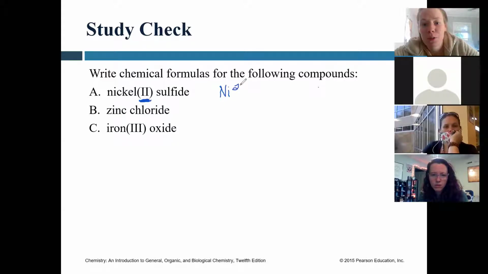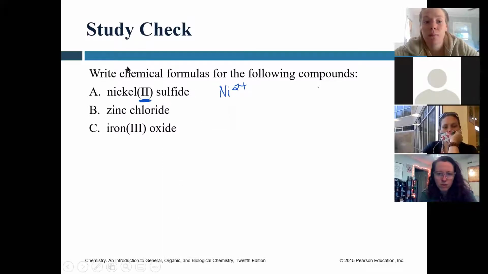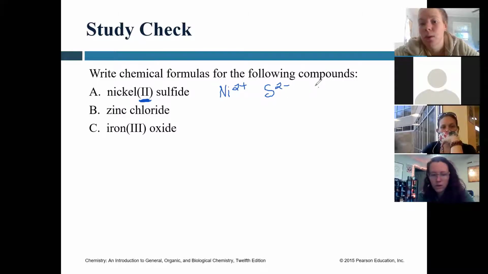So we're going to put a 2 plus for that nickel charge. If it was a 1 plus, it would say nickel 1. The 2 does not tell me how many nickels I have. It tells me the charge of the nickel. Sulfide is referring to sulfur. Sulfur always has the predictable charge of 2 minus. So we'll flip-flop. It'll be a 2 to 2, which we can reduce down to 1 to 1. So we should end up with NiS.